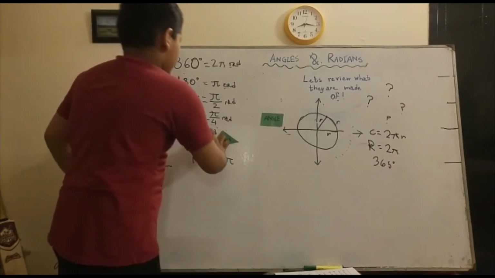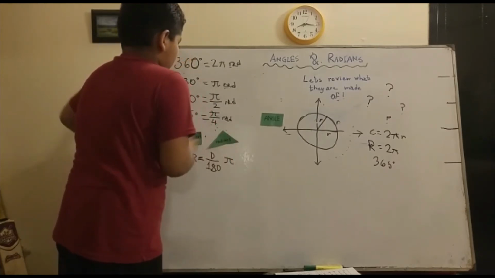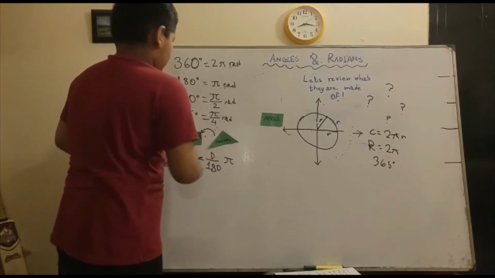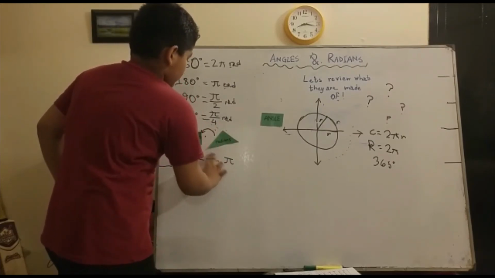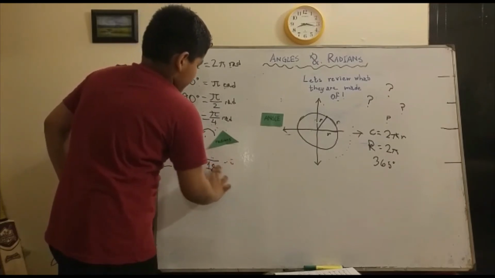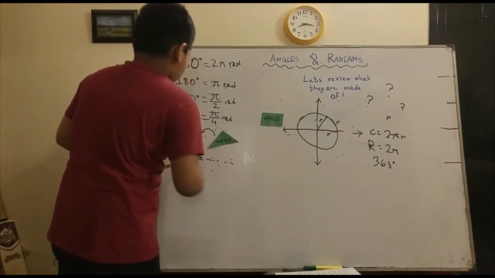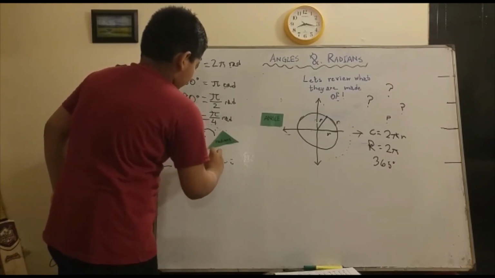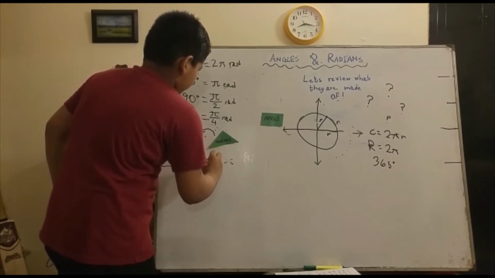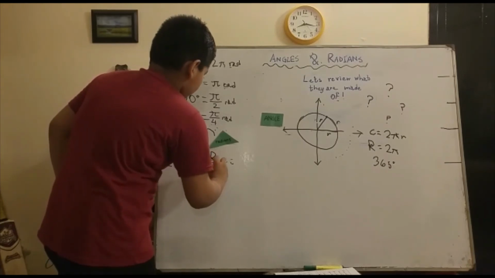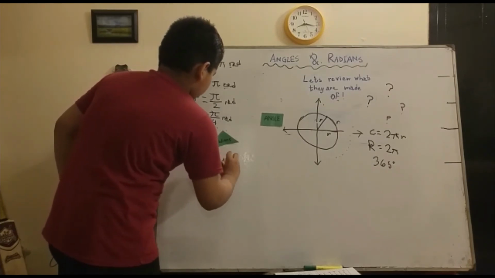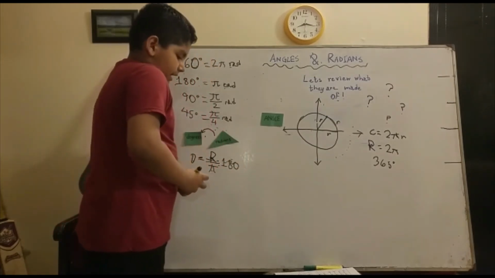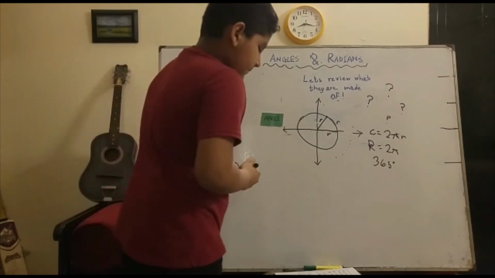Now let's say we want to do the opposite. We want to take radians and convert it into degrees. Doing a bit of algebra, we can find out that degrees would be the radian value divided by pi times 180. You can check my algebra videos for that.